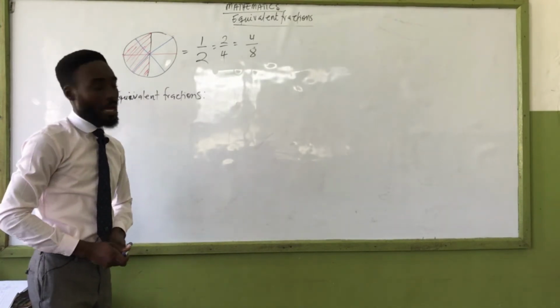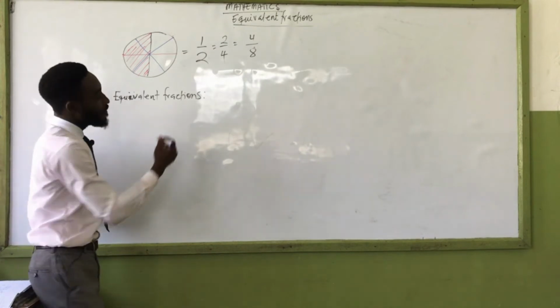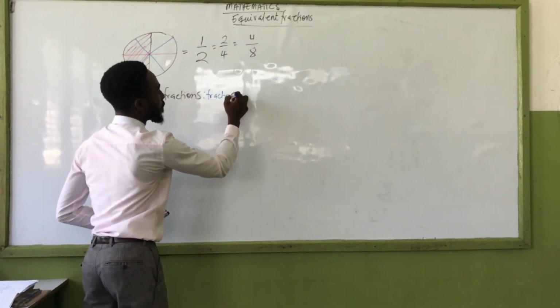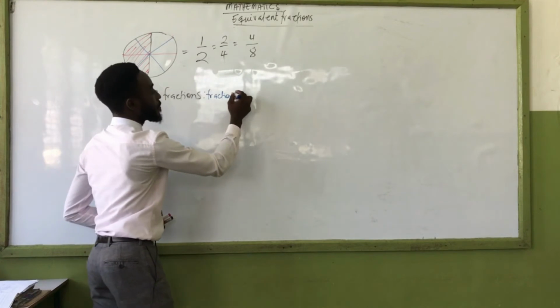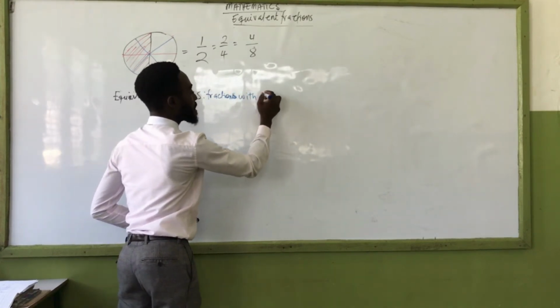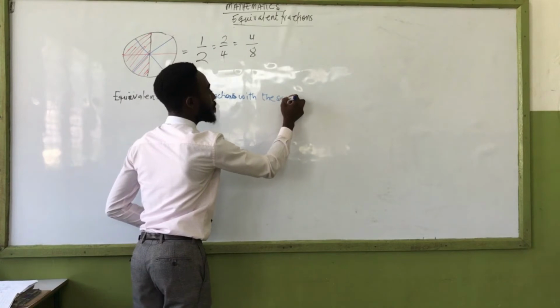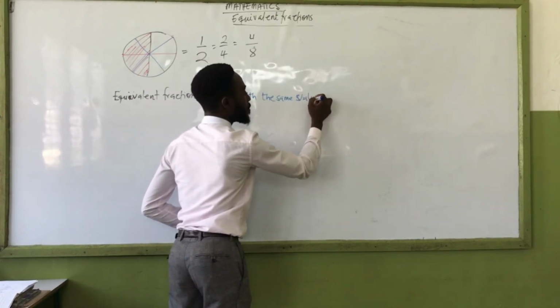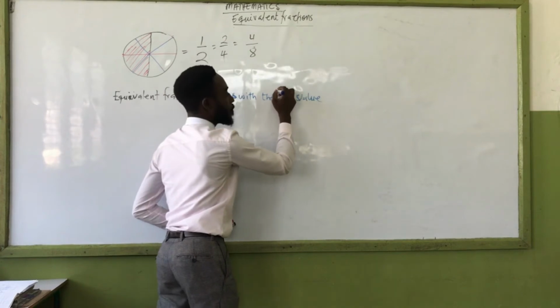That they are equal, yeah. So we'll say that equivalent fractions are fractions with the same value. Very important: the same value. Please follow.